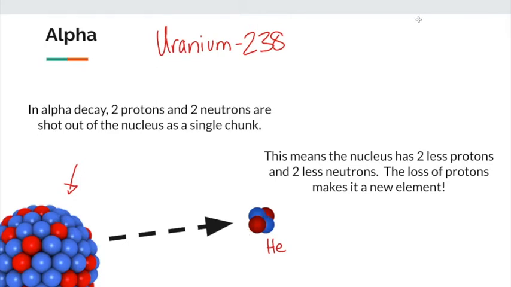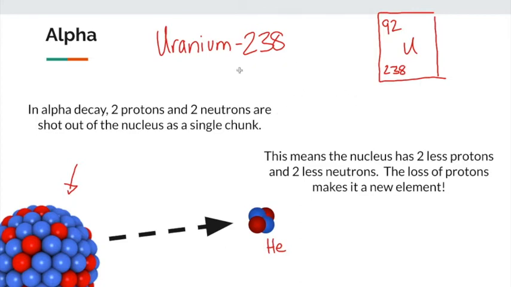So I'm going to draw a little picture of the information we need for this scenario. Uranium has an atomic number of 92 and a mass of about 238. There are probably some decimals here, but we're going to think specifically about this one.